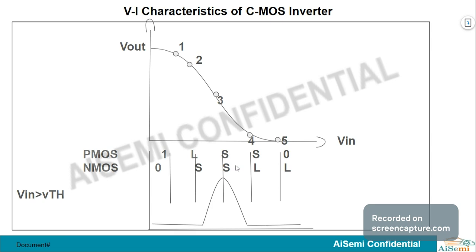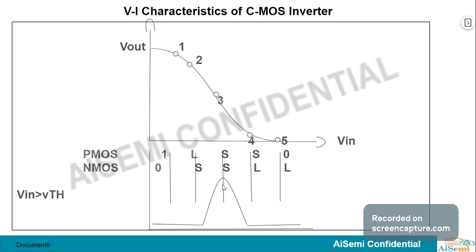Then the current IDS is maximum between VDD and VSS. Here a high current flows between VDD and VSS. Both transistors are in the on state, so a high current flows between VDD and VSS.